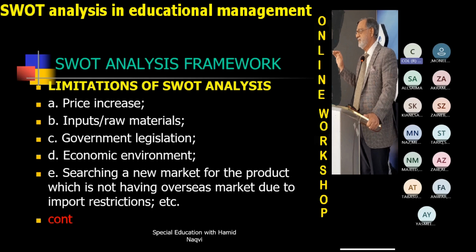So while making a SWOT analysis, that means while you are estimating the strength of your school, the weakness of your school, the opportunities available, and the threats, this comes under the threat of economic depression. If there's a threat of economic depression looming large in the economy, you should be careful in making decisions, especially strategic decisions.